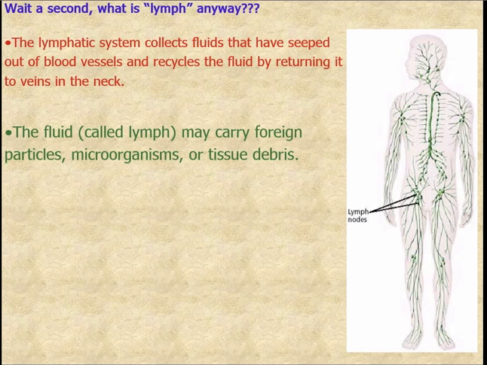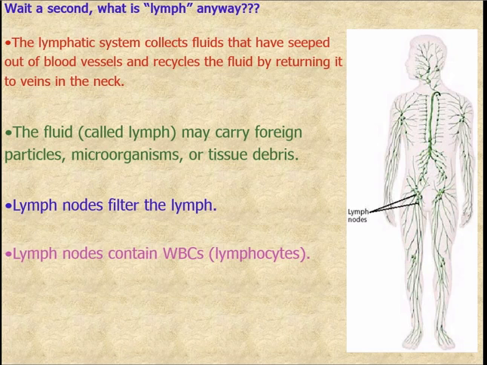For example, if you've cut yourself and you've got dirt in that cut, the lymphatic system might suck up that dirt, and so it carries those foreign particles. There might be microorganisms like bacteria or parasites, and it might have tissue debris of any cells that maybe were damaged in an injury. The lymph nodes then filter the fluid that's traveling through the lymphatic system, and the lymph nodes contain white blood cells.